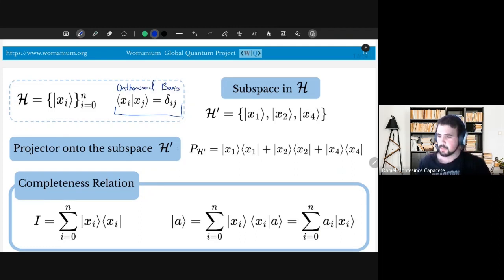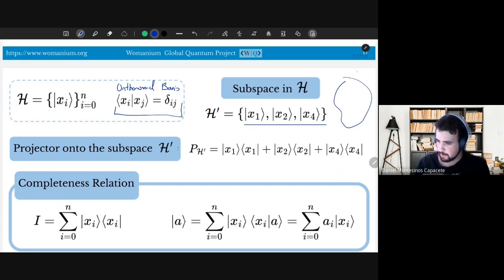So, for example, you could want to project into a bigger space. I mean, not just projecting in one direction, but finding the projection of your vector in a bigger subspace of your whole space, because the whole space is generated by these vectors, but you could be interested in a smaller space inside it.